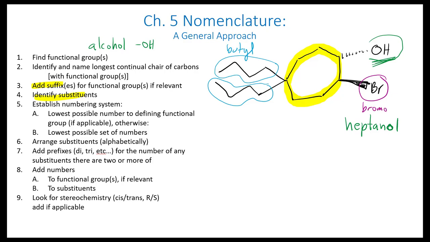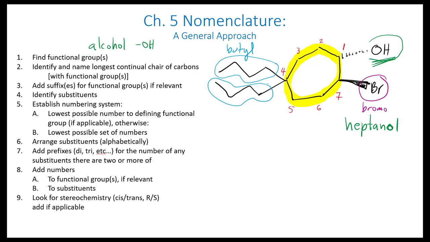The next thing that we would do is to establish a numbering system, and here we've got to give the lowest number to the defining functional group, which is our alcohol functional group. So when we're numbering, that alcohol group has to be the number 1. And so we could go 1, 2, 3, 4, 5, 6, 7.